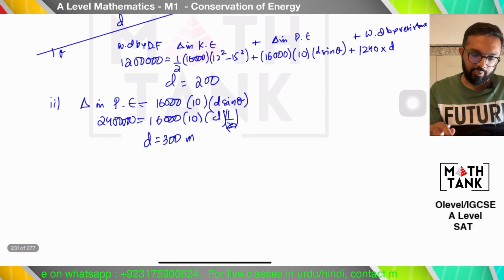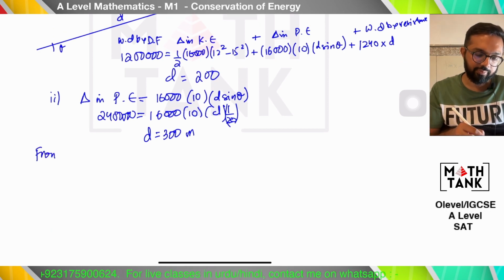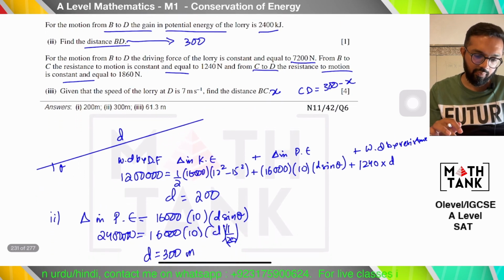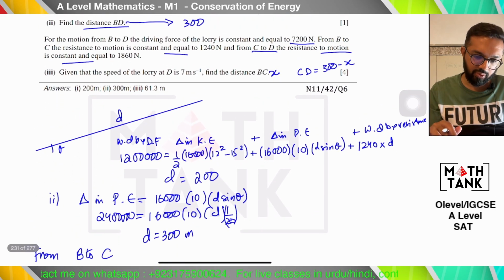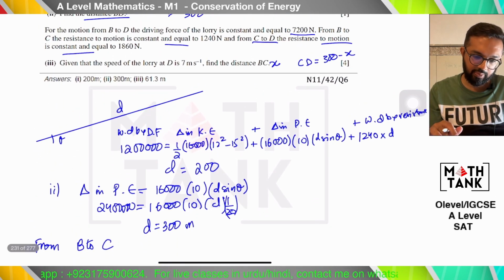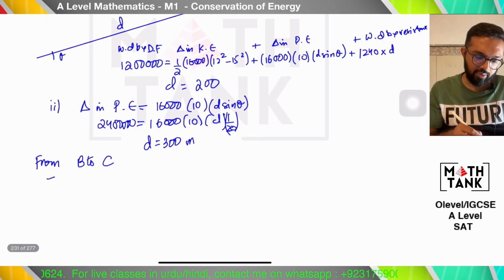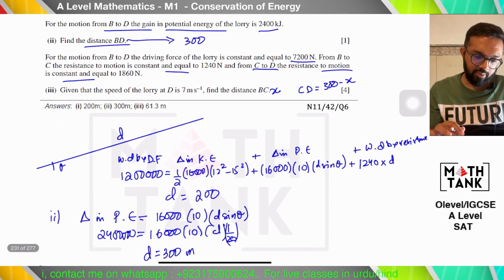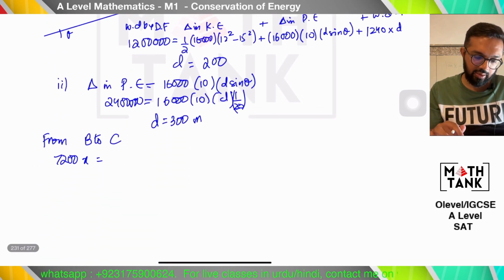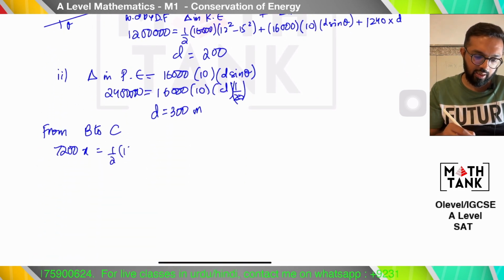So from B to C, I have my same equation. Work done by the driving force, which is 7200 into x. Change in KE is half m v squared minus u squared.